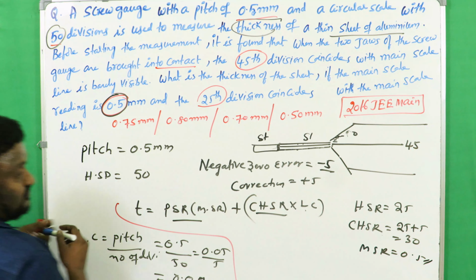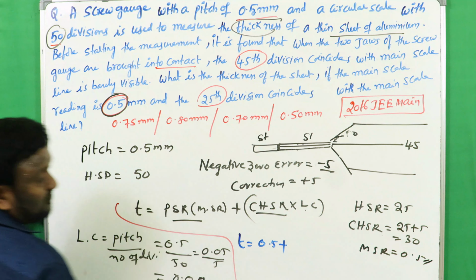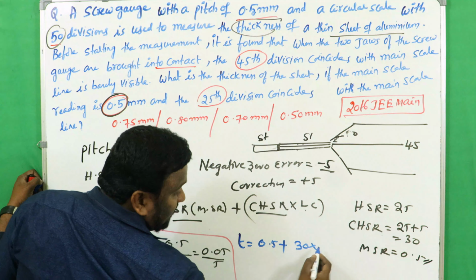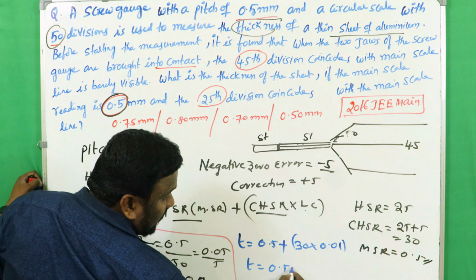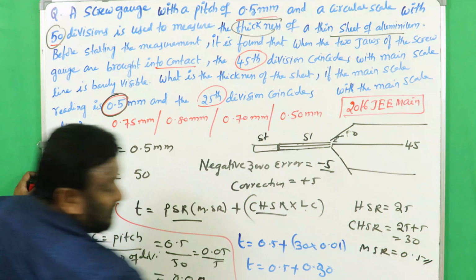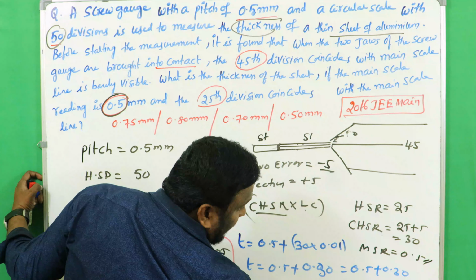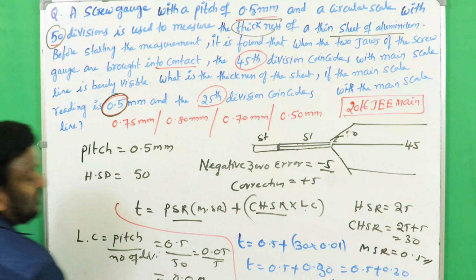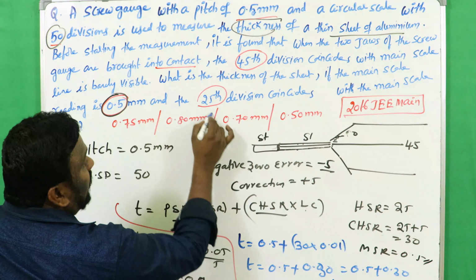Thickness T equals MSR 0.5 plus CHR 30 into LC 0.01. That means 0.5 plus 0.30, which is 0.80 millimeters. This is the thickness of the aluminium sheet. That's why, among the four options, the second option is the correct one.